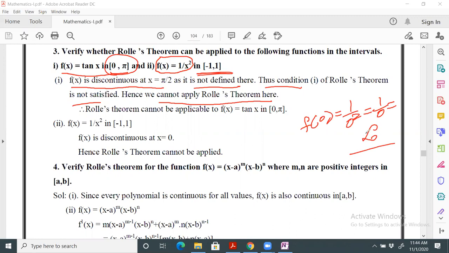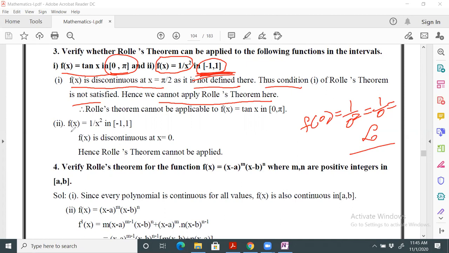If we are getting f of x value as infinity at some x value, and that x value exists in our interval, then it is also not continuous. ఏ ఎక్స్ వాల్యూ దగ్గర అయితే ఇన్ఫినిటీ వస్తుందో ఎఫ్ ఆఫ్ ఎక్స్ వాల్యూ, ఆ ఎక్స్ వాల్యూ కనుక మన ఇంటర్వల్లో ఉంటే అప్పుడు కూడా given function is not continuous in this interval.